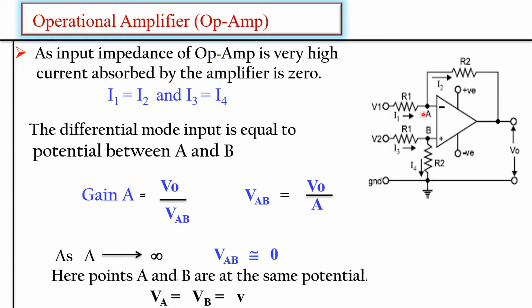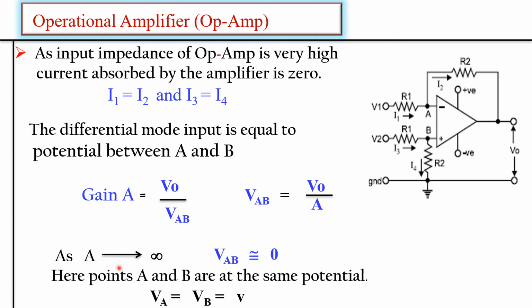The differential mode input is equal to the potential between A and B. We have seen gain is equal to output upon input. Input is nothing but the differential input, that is the potential difference between points A and B, VA and VB. So what is gain? Gain is output voltage upon input voltage, that is VO upon VAB.